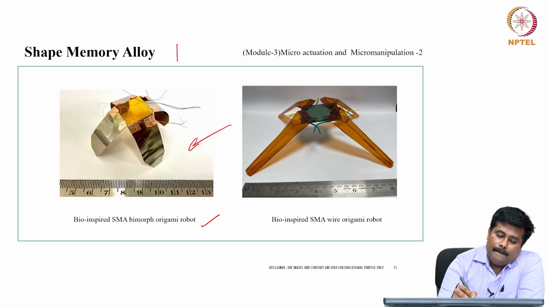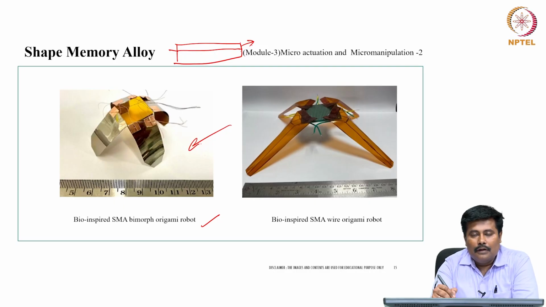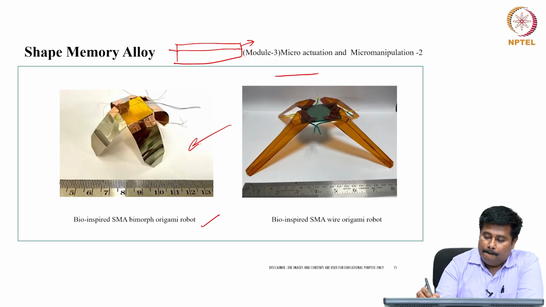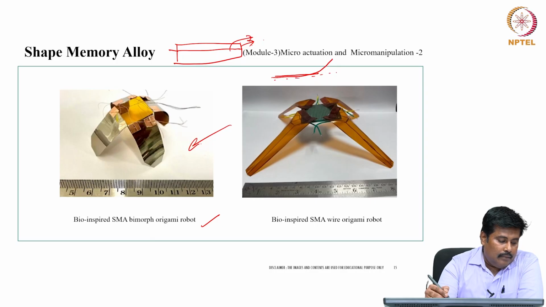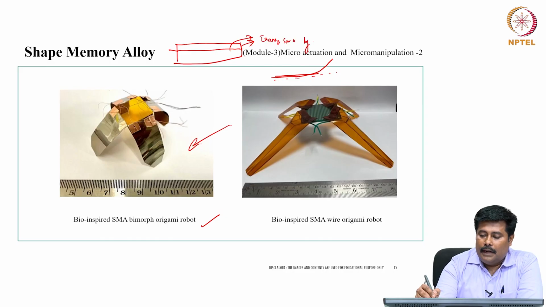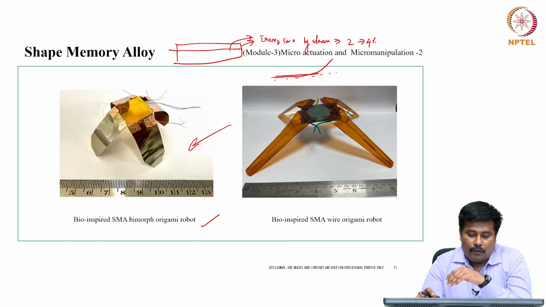For instance, let us take a composite structure. This composite structure is integrated with the shape memory alloy wire. In order to give an appropriate program to it, for example, if I am looking for an actuation like this, one option is to train the SMA wire by straining it from 2 to 4%.